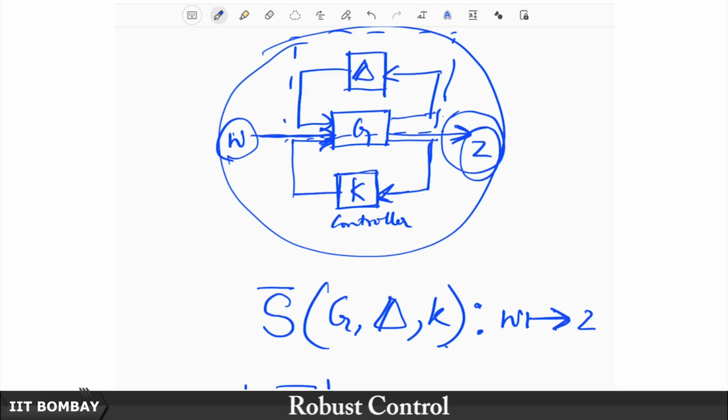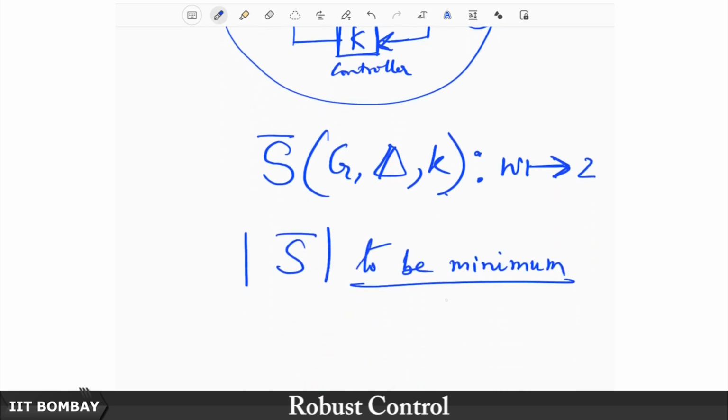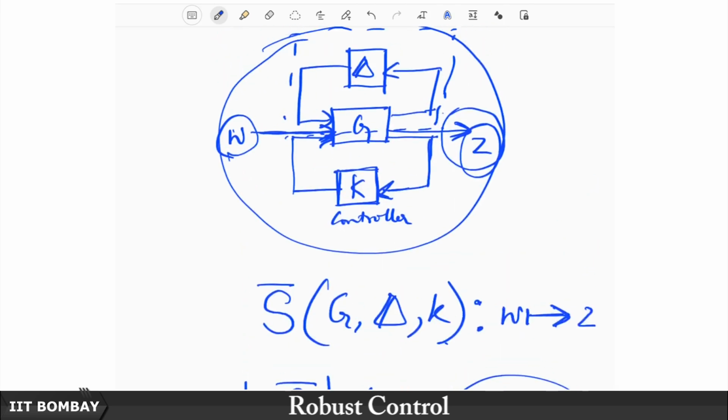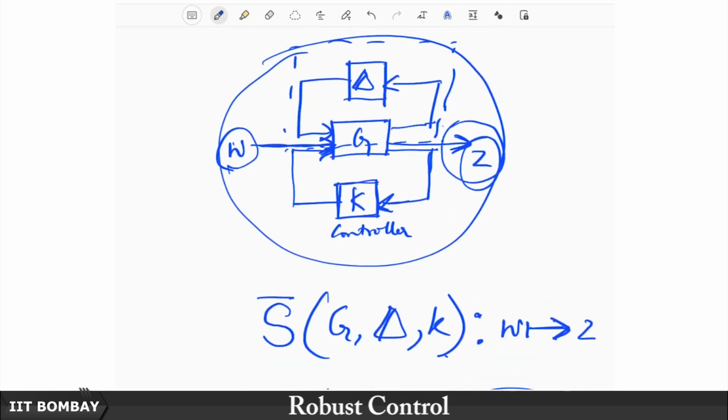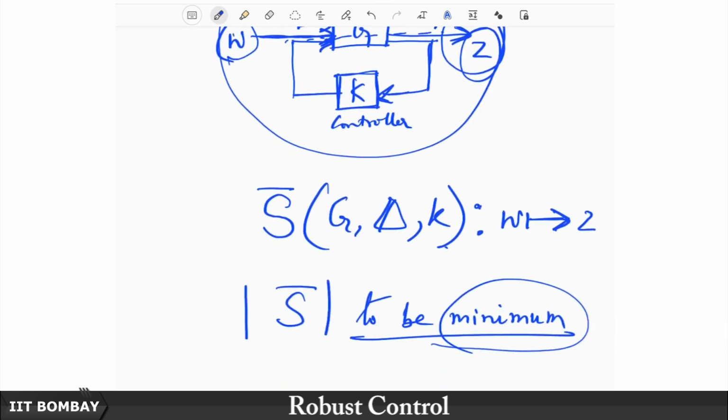Depending on what problem you are tackling, you will choose your W and Z accordingly. Obviously, if you choose your Z to be just the output, then you might be wondering why we want to minimize the effect of this. After all, we want the output to be exactly equal to the reference. So, if you choose your Z to be the output and your W to be the reference, then it makes no sense to say that I want the magnitude of this S to be minimized, because you want perfect unity gain there, isn't it?